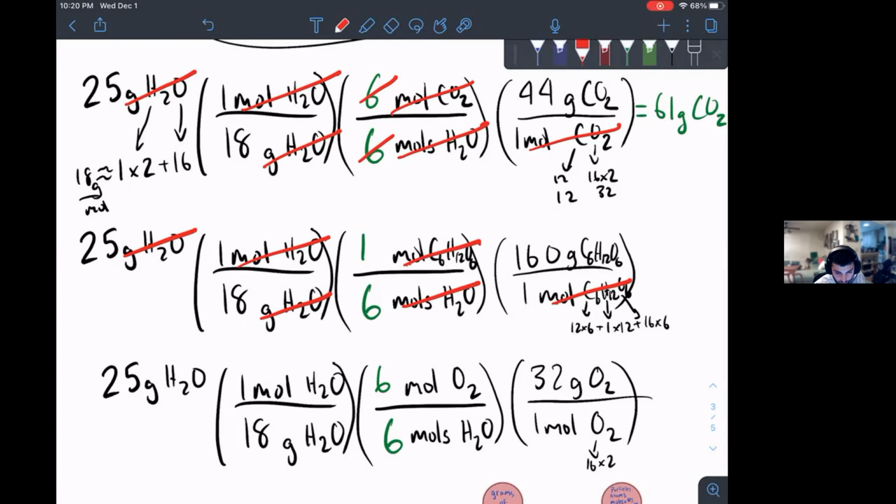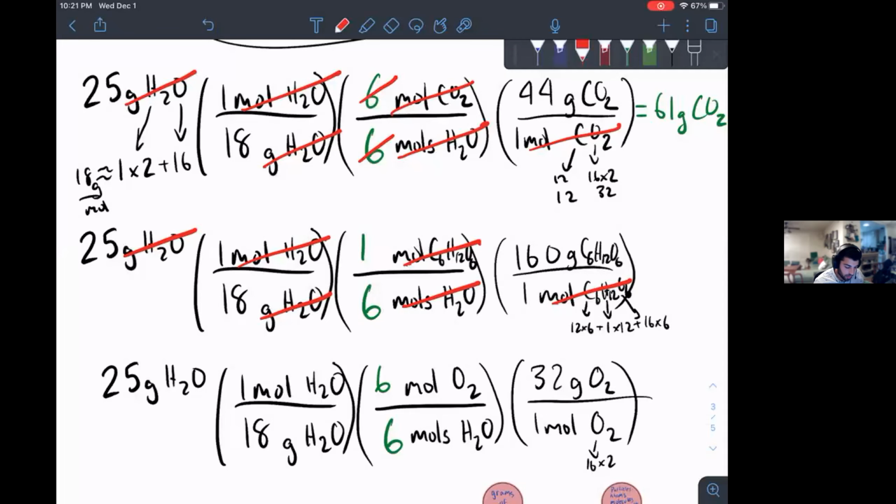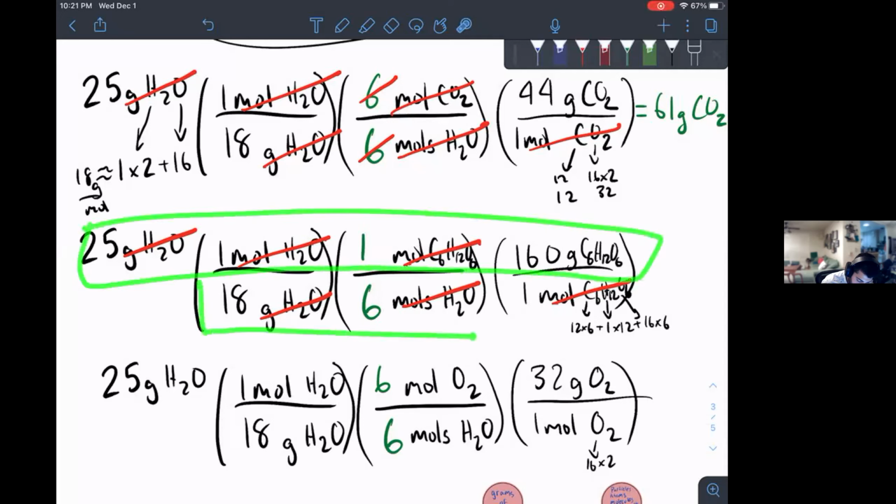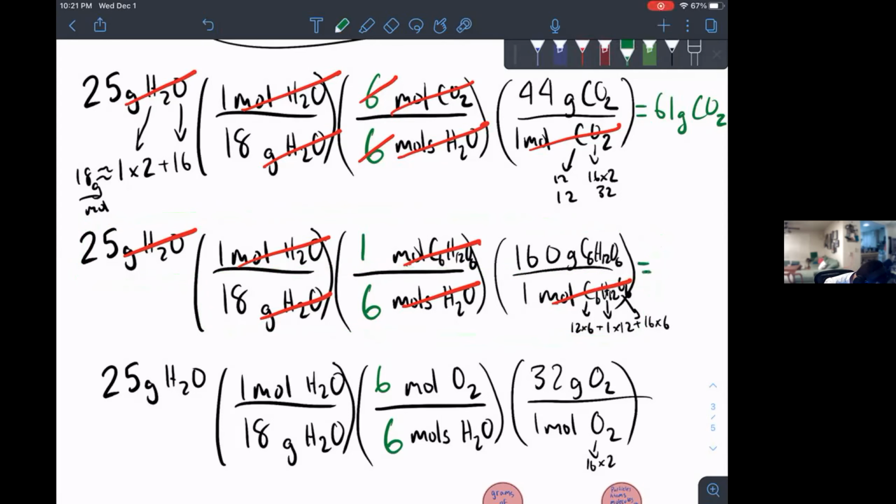Oh, calculator just said, give me just a moment. All right, so this second one, 25 times 1 times 1 times 160 divided by 18 divided by 6 should come out to somewhere around 37 grams of C6H12O6.